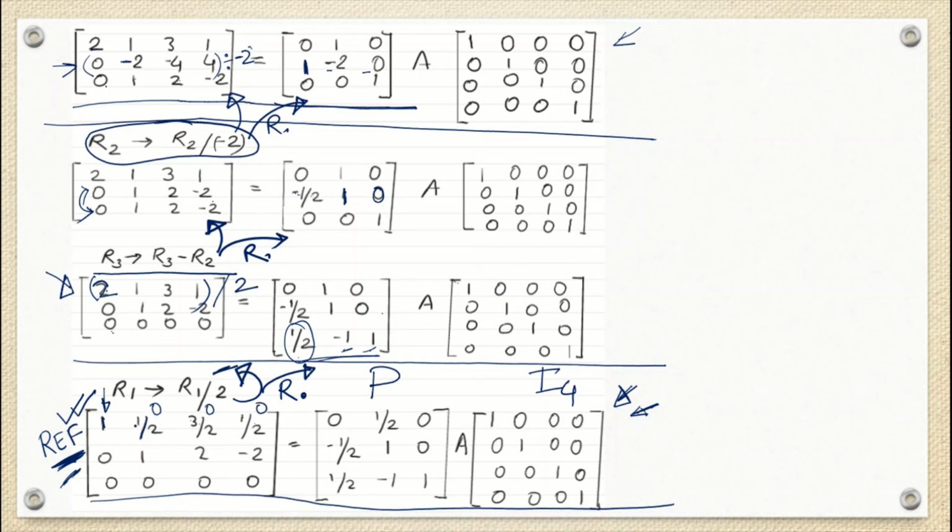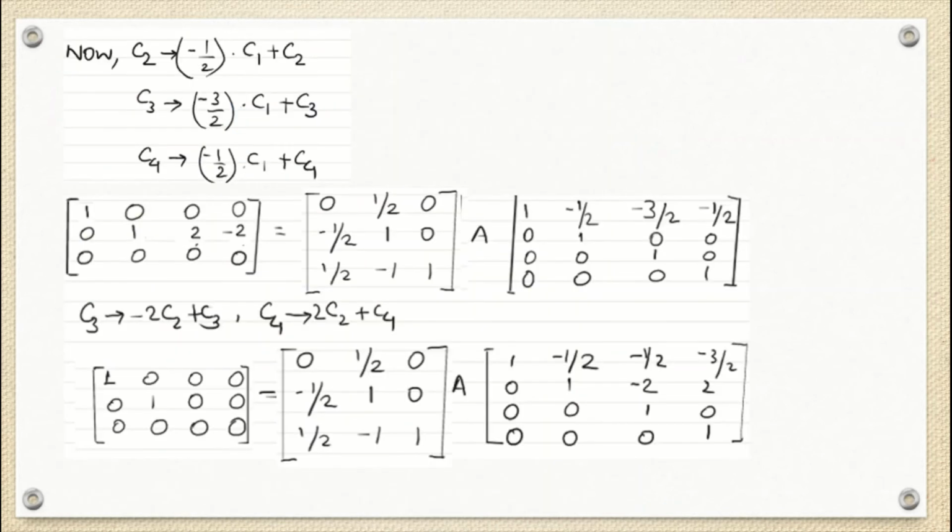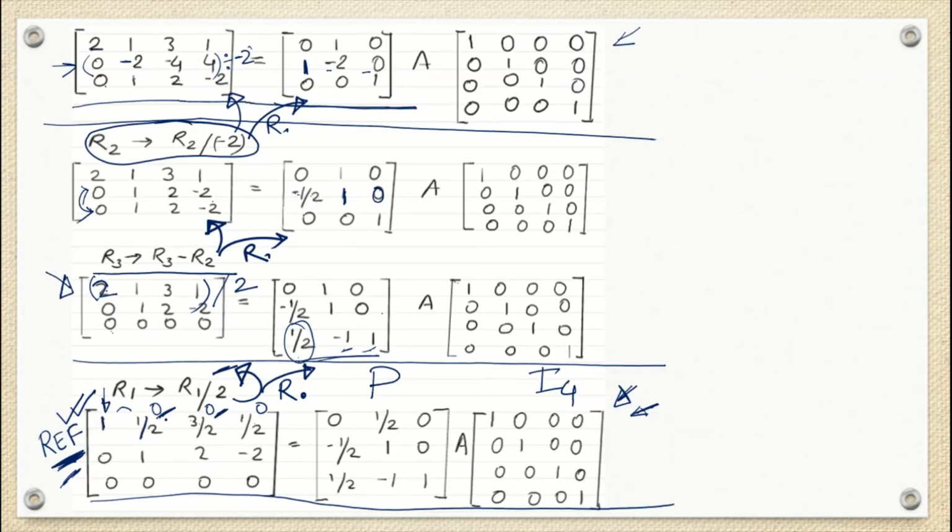For that, I am going to perform the column transformation. C2 will be minus 1 by 2 C1 plus C2. Similarly, C3 will be minus 3 by 2 C1 plus C3, and C4 will be minus 1 by 2 C1 plus C4. We are doing so to make these places 0, as we discussed in the last class.